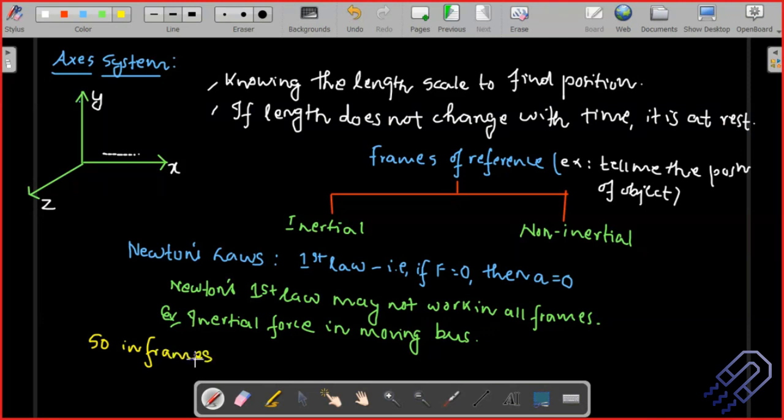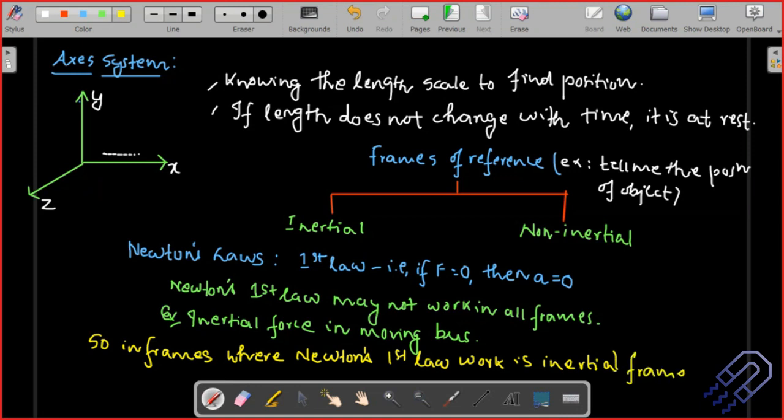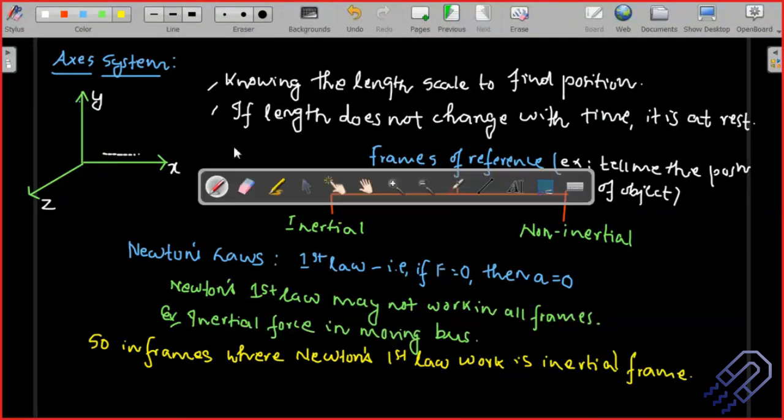Probably this is the most important sentence: frames where Newton's first law works is an inertial frame. Please write it down, and you'll see that whatever system we are going to consider, mostly we are going to talk about the inertial frame.